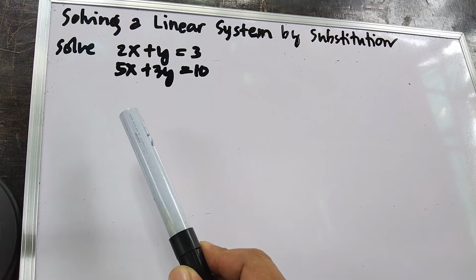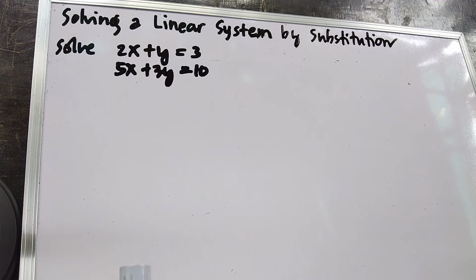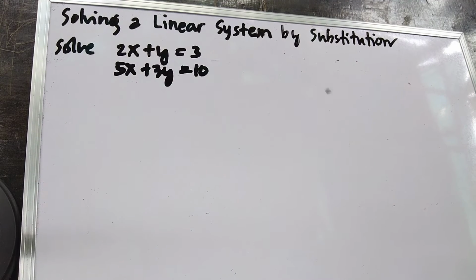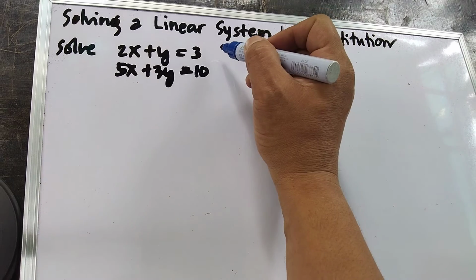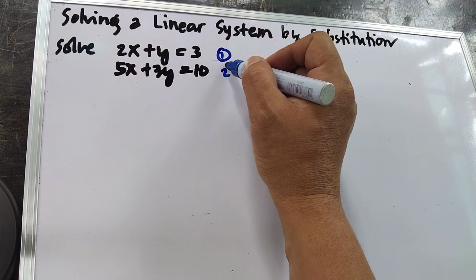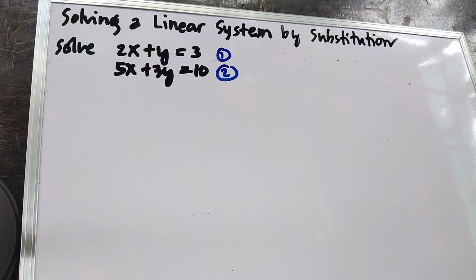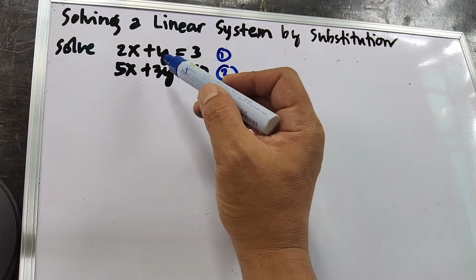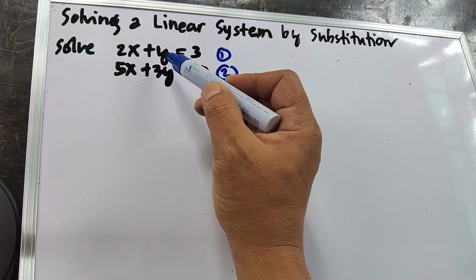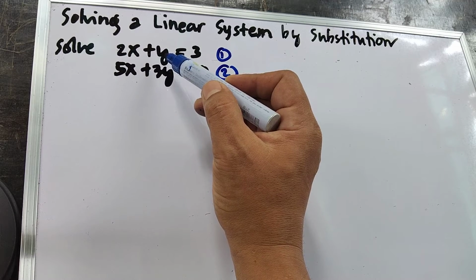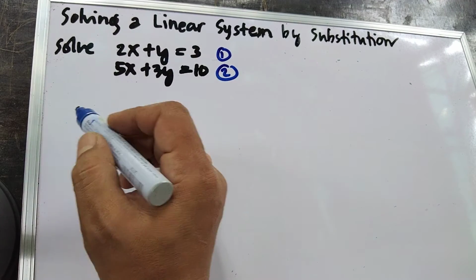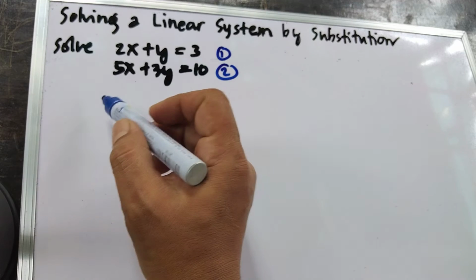Now, if you could still recall, we answered this example by the elimination method, in example number 2 of our video. So, let's solve this by substitution. This would be our equation 1, this would be our equation 2. In equation 1, it's very clear that y has the coefficient of 1, so we can solve y in terms of x.